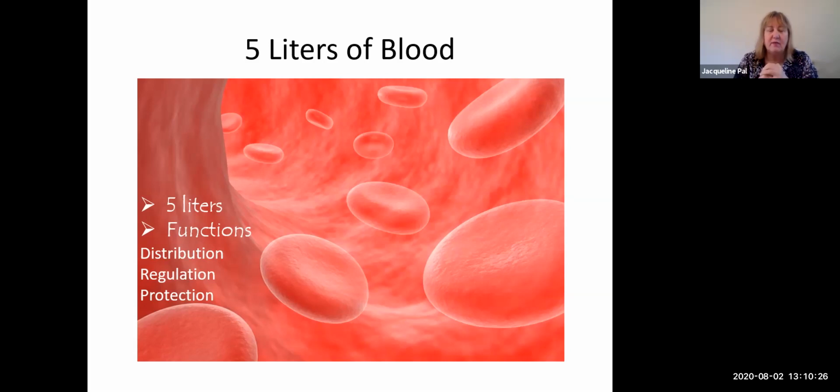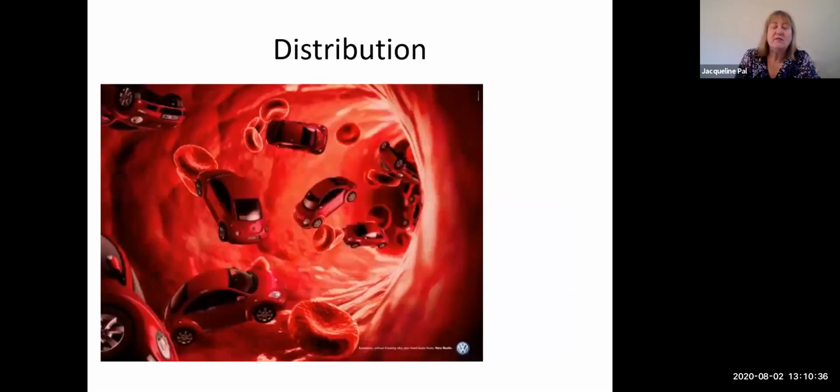When we look at blood, there's 3 main categories of functions: distribution, regulation, and protection. And I want to go through these one by one. As far as distribution, what I want you to realize is blood is carrying substances. And so that's why I like this picture, which shows the little Volkswagens driving through the blood vessels, because they're carrying stuff.